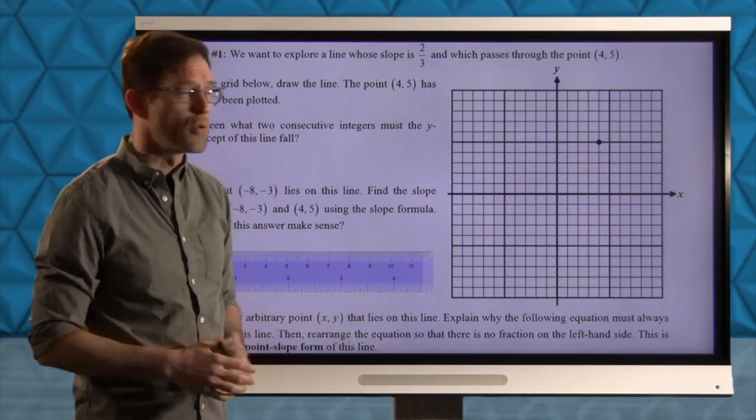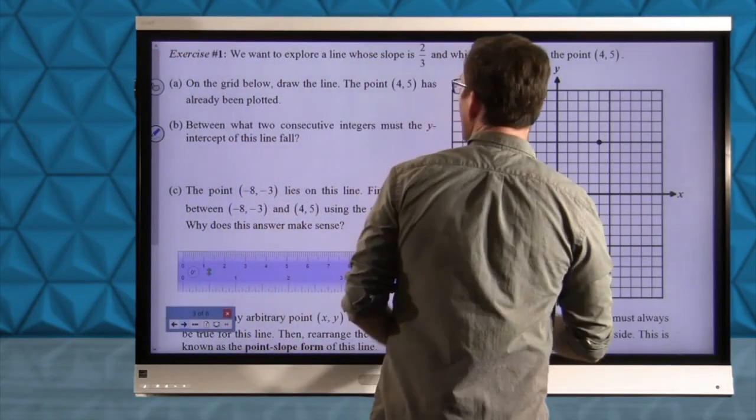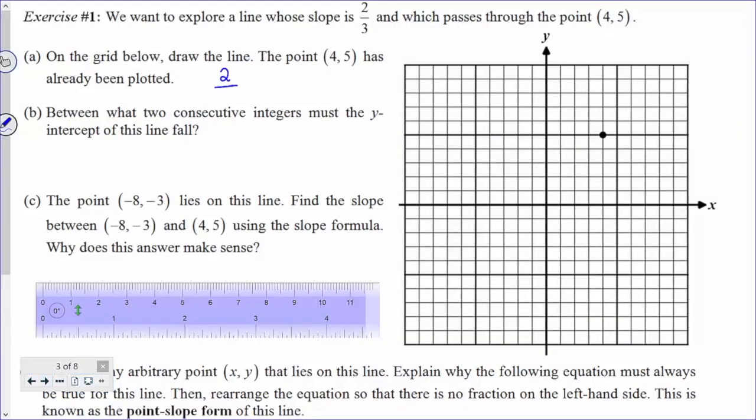All right, let's go through it quickly. We know that the slope is 2/3, and that represents a rise divided by a run. If I do a run of 3 and a rise of 2, I have that point.